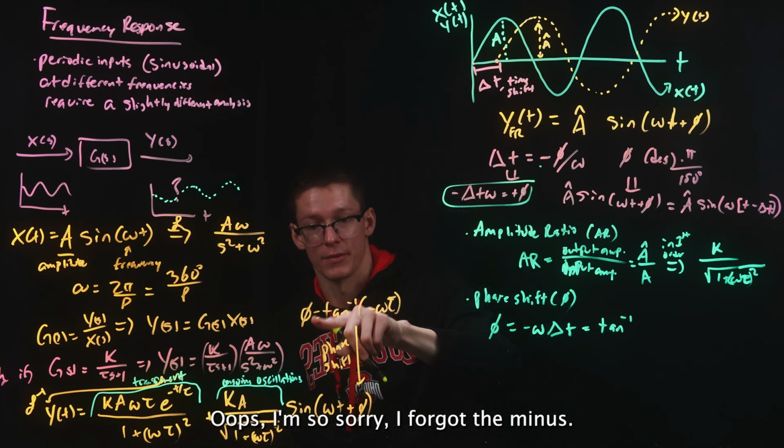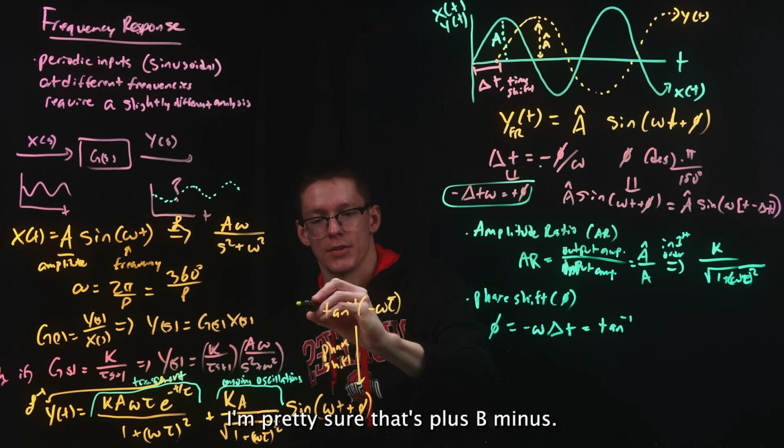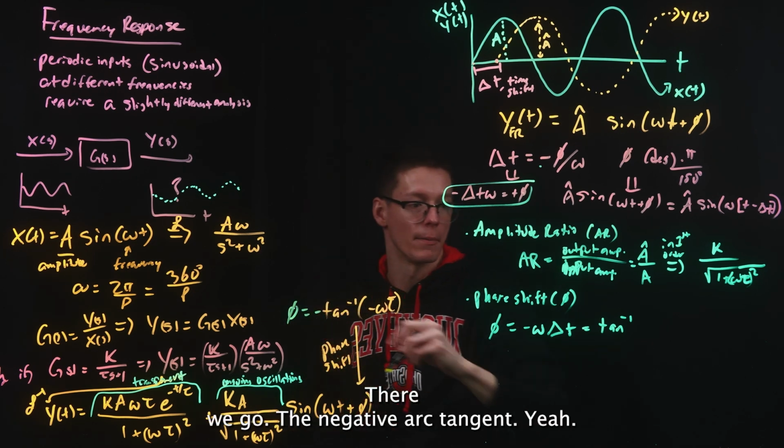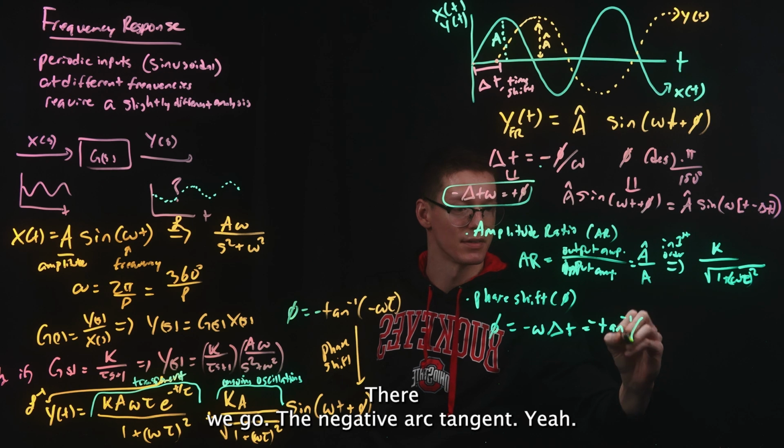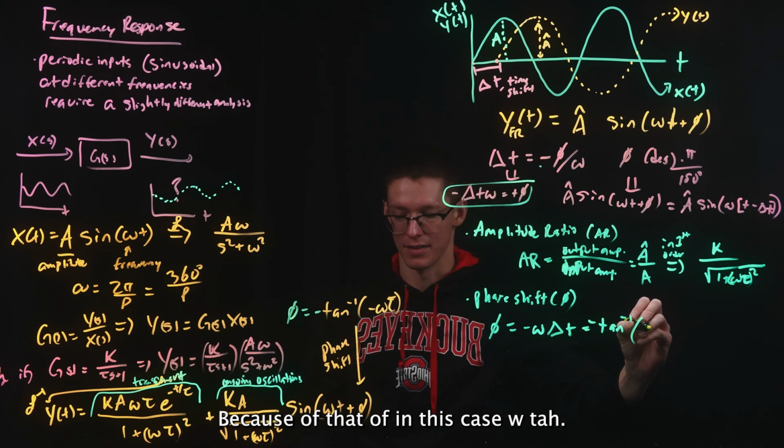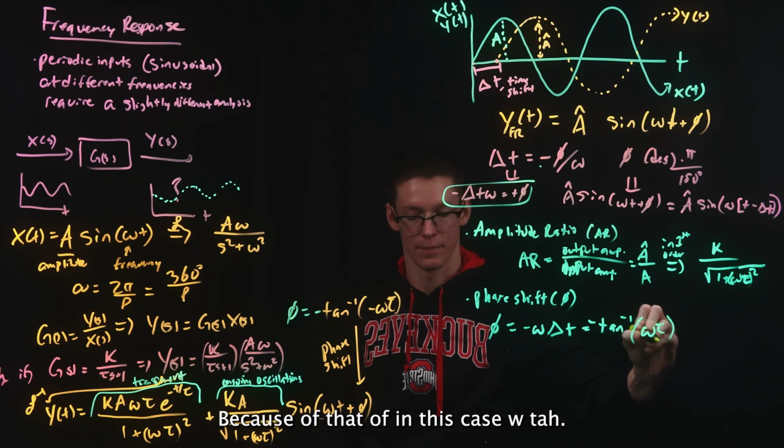Oops, I'm so sorry, I forgot the minus. Something seemed off. I'm pretty sure that's supposed to be a minus. There we go, the negative arctangent of, in this case, W tau.